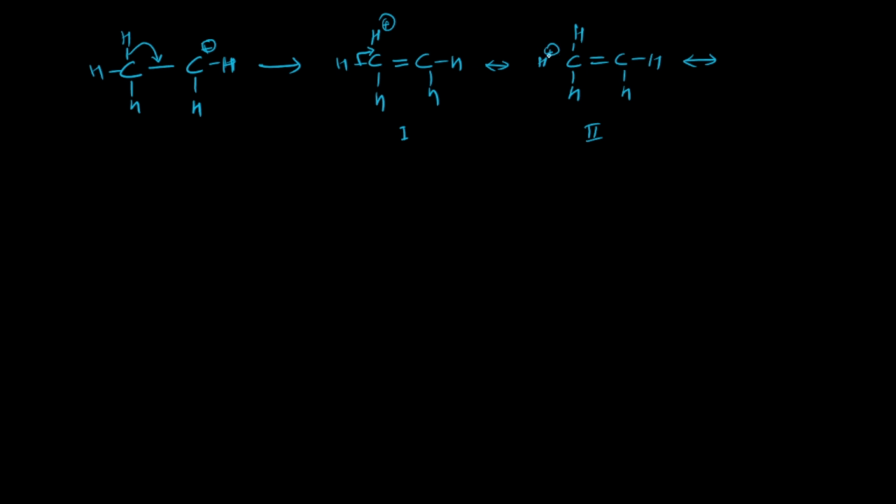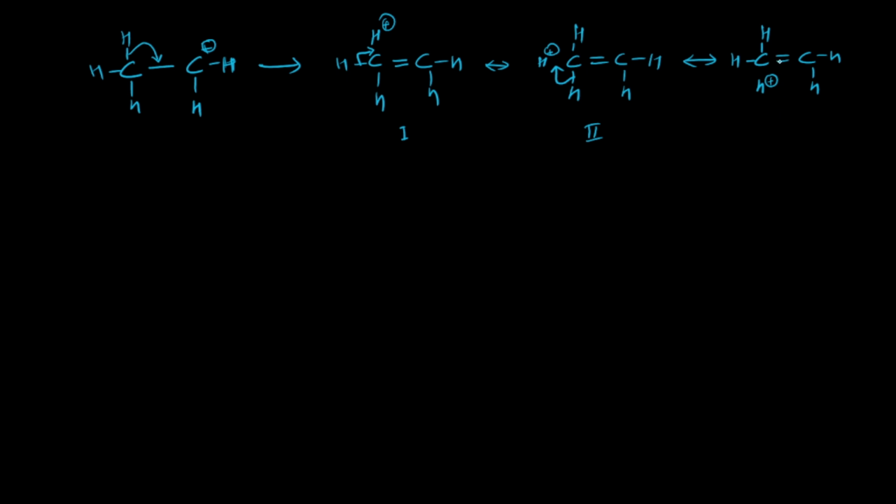Now what will happen to neutralize this positive charge? We will shift this bond over here, and the next canonical, or hyperconjugating structure, will be like this: H plus, and then here the double bond and carbon and hydrogen, correct? Now see, this positive charge was over here on this carbon, so again it will form over here only.